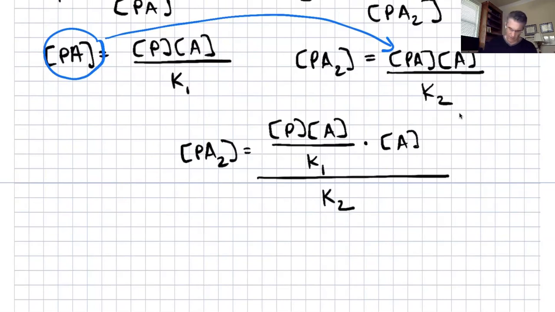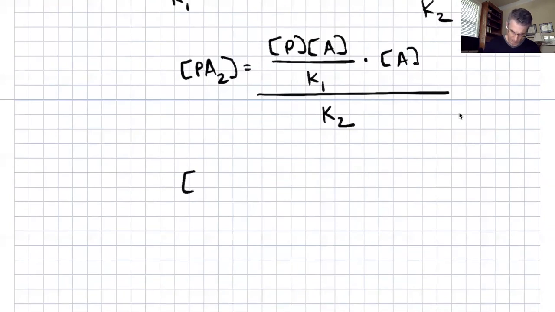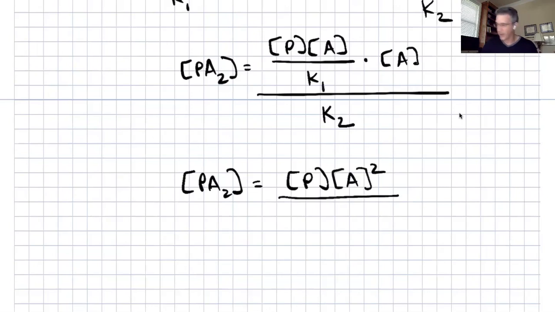That's cool. Let's simplify that. We can make that look a little bit better. So the concentration of PA sub 2 simply equals the concentration of P times the concentration of A squared, divided by K1 times K2. Cool. That's easy.